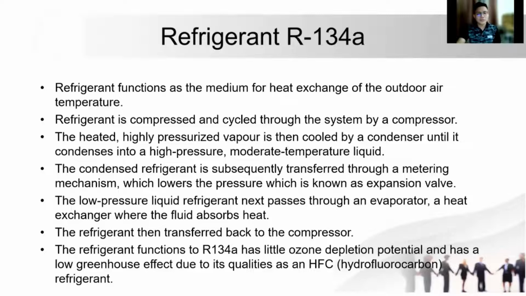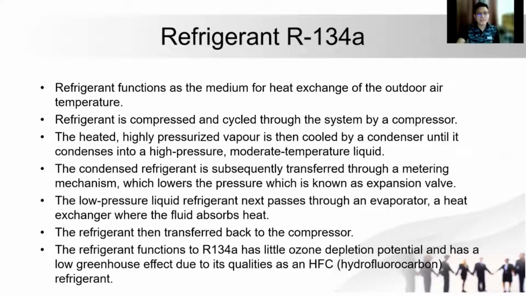So the medium for the heat exchange is refrigerant R134A. The refrigerant is compressed and cycled through the system by the compressor, and the heated high pressure vapor is then cooled by the condenser until it condenses into a high pressure and moderate temperature liquid.